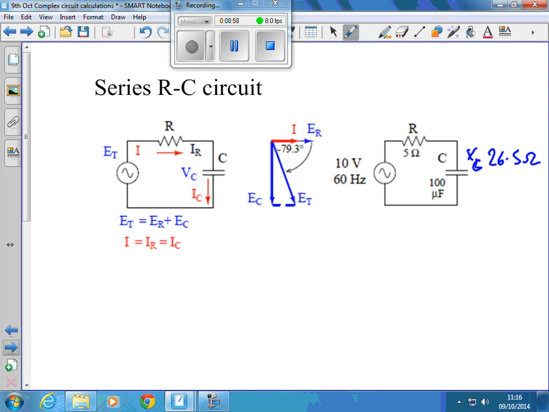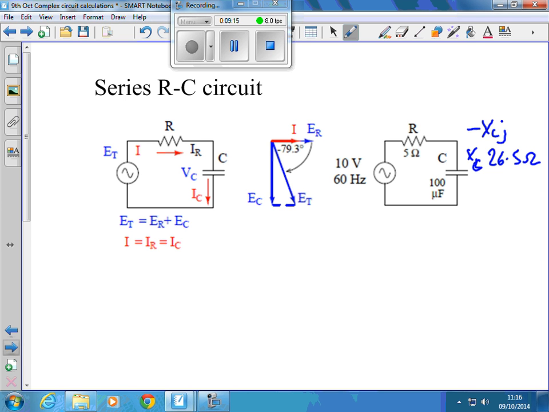So we've got 5 ohms here in series with, and always remember, this is a minus jXC because we've got a minus 90 degree angle.